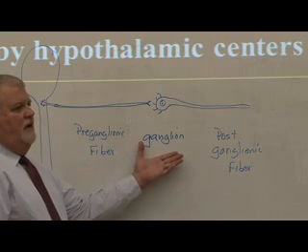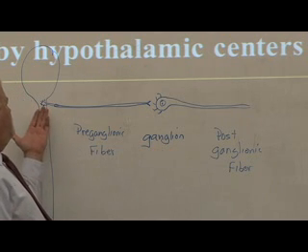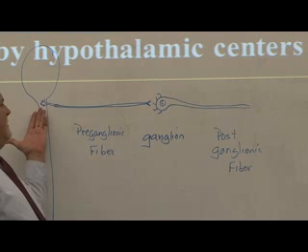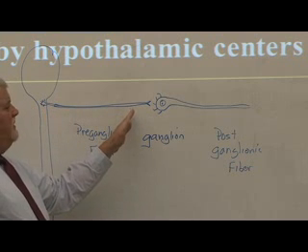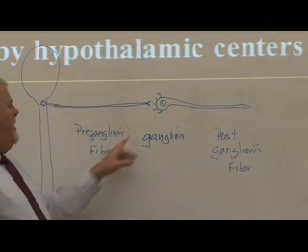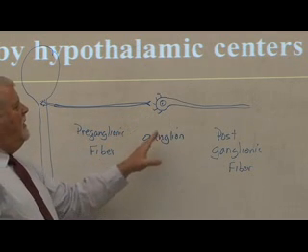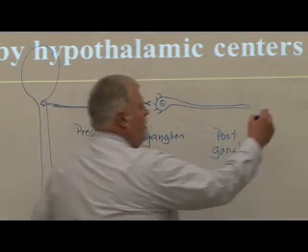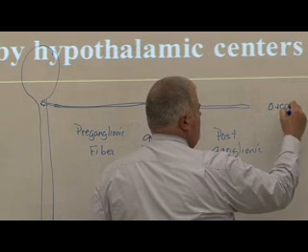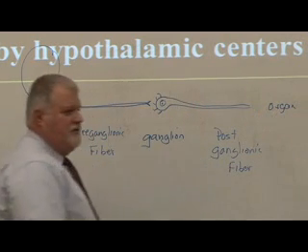If it's the neuron whose cell body is somewhere in the central nervous system, and it becomes part of a spinal or cranial nerve and goes to this cell body, then it's the preganglionic fiber. Then the fiber that arises in the ganglia and goes over here to an organ is the postganglionic fiber.